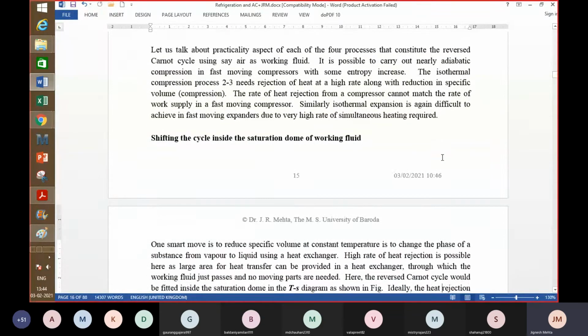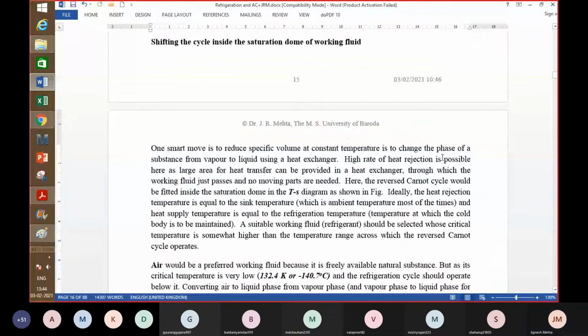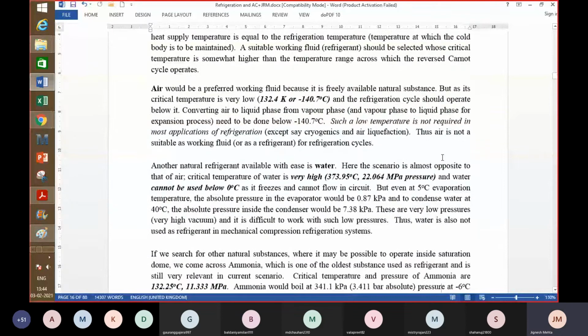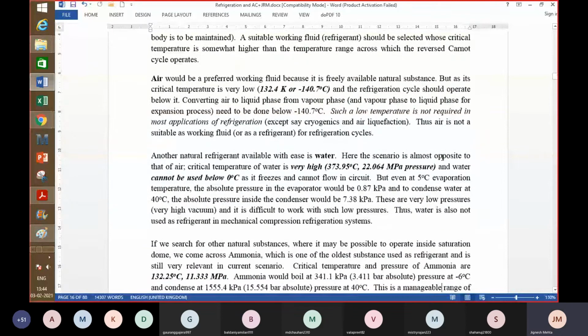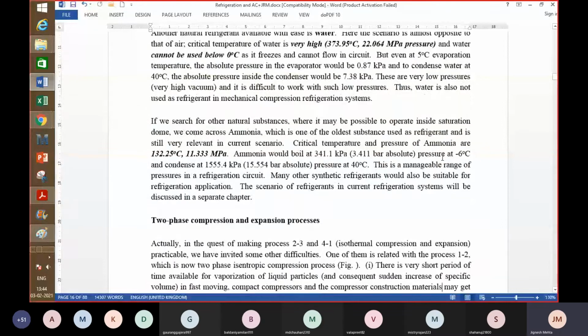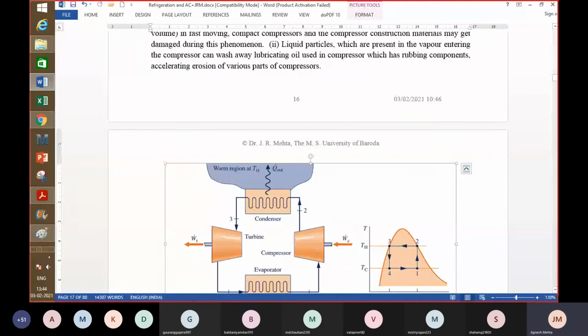Okay. So what you can do is, as shown in the figure here on the right hand side, shift the cycle on the TS diagram inside the saturation dome of a substance.